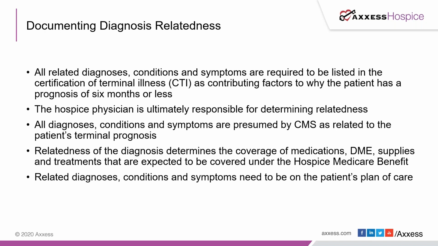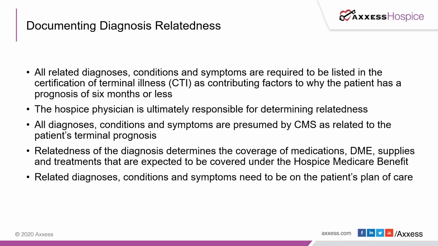So to document your diagnosis relatedness, it is important to look at all related diagnoses, conditions, and symptoms and put those in the CTI narrative as contributing factors as to why the patient has a prognosis of 6 months or less.